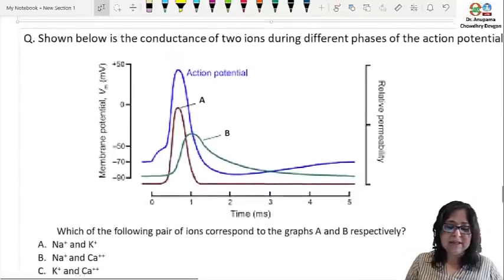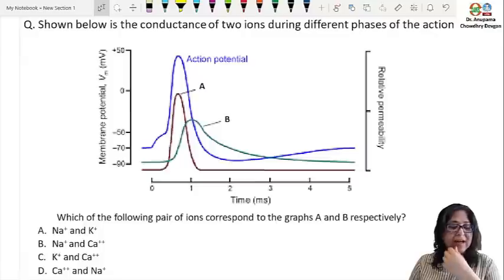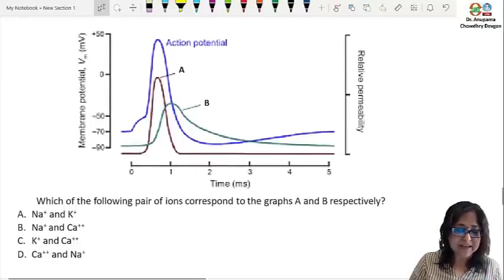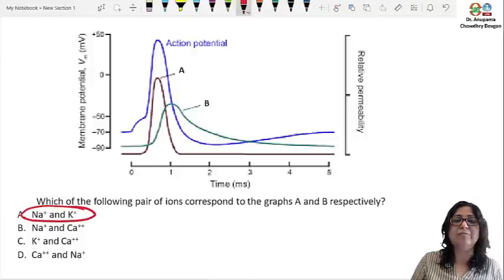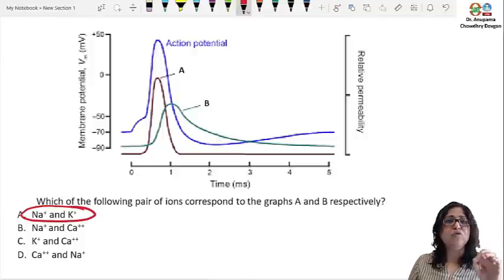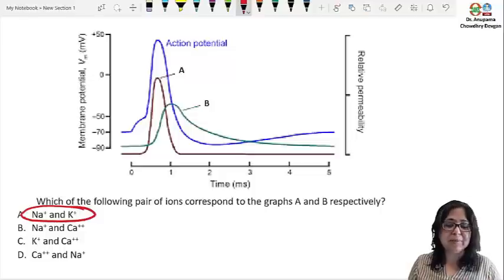Shown below is the conductance of two ions during different phases of the action potential. And which are these two ions? Now, this is something which is there in your AIIMS capsule, and the question is which of the following pair of ions corresponds to the graphs A and B, and that is sodium and potassium. The upstroke of the action potential is because of opening of fast voltage gated sodium channels, sodium influx.